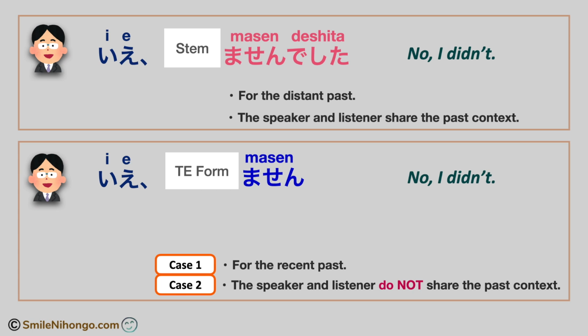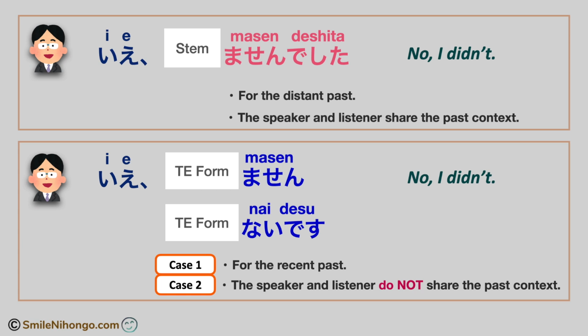On the other hand, てform ません is used for the recent past or when the speaker and the listener do not share the past context. As I mentioned earlier, this version, てform ないです means the same, but it's more conversational. So you may hear this version a lot when you listen to native speakers talking.